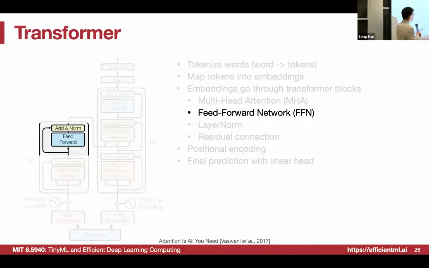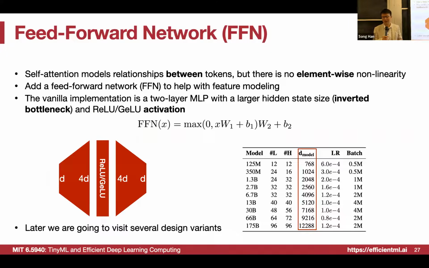The next component is the feed-forward network. Although it's just 2 FC layers, there are so many intricate relationships here. So why do we need a fully connected layer here? What does the self-attention learn? It learns the relationship between the tokens.